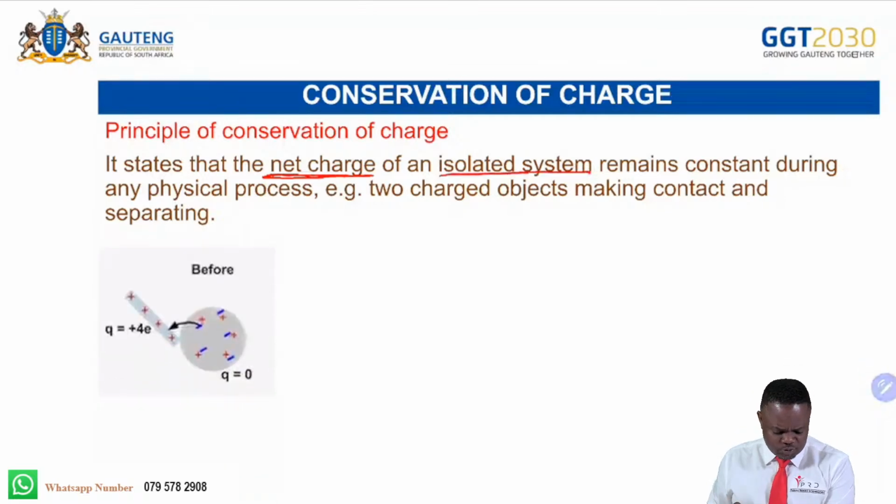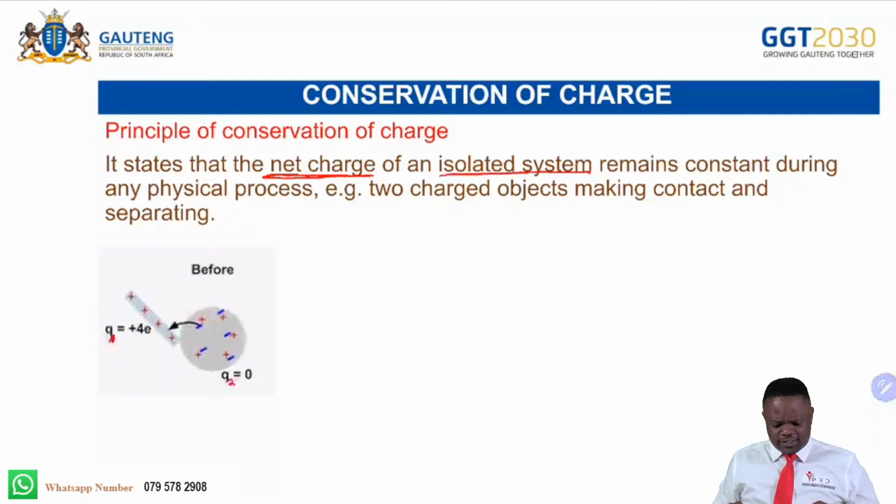So let's look at these two objects. We have a rod with a charge of +4, I'll call that Q1. And then we have that sphere, I'll call it Q2, with a charge of 0.